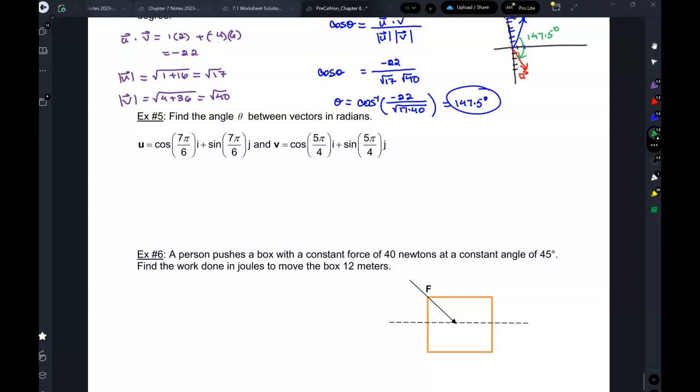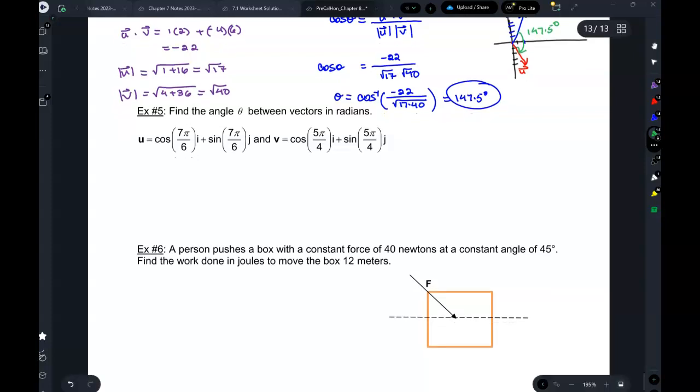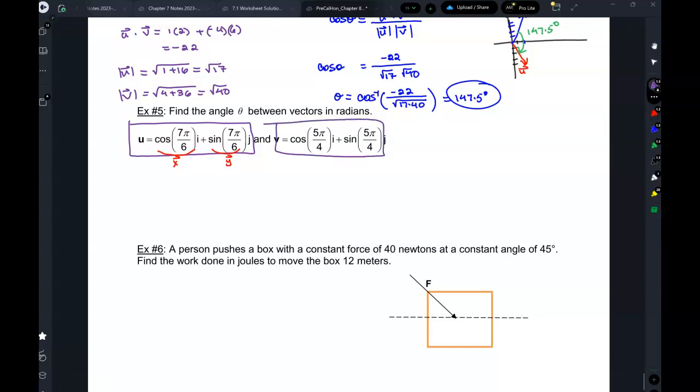When we wrote those before, this is the first vector. Basically this is the x component and this is the y component of that vector. And this is the second vector, this is the x component and this is the y component.